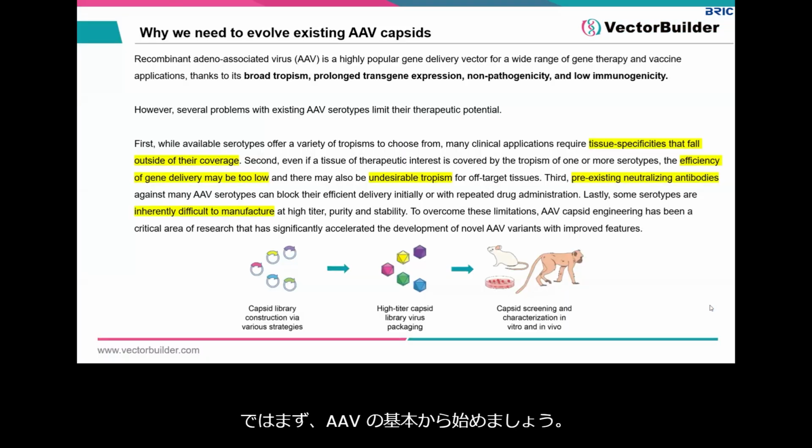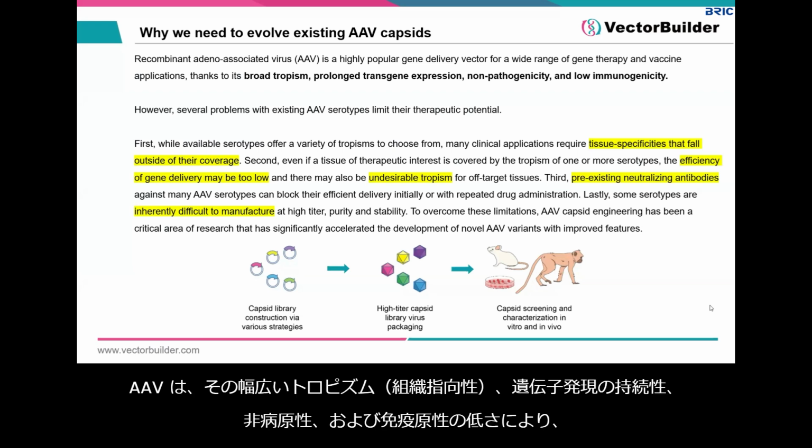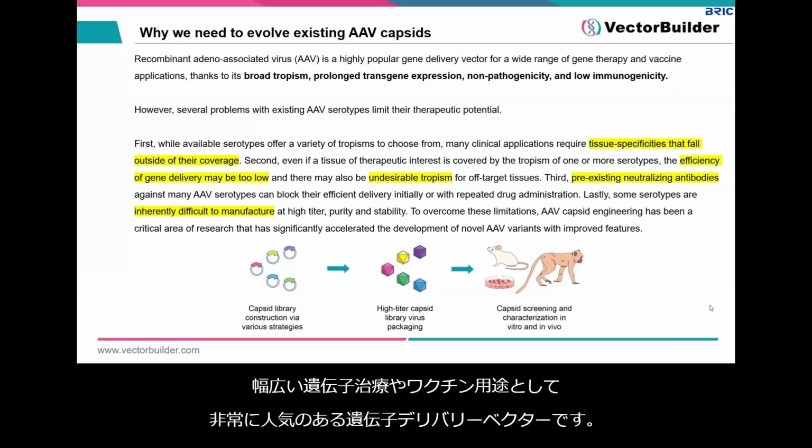So let's review some basics about AAVs. They are very small, non-enveloped viruses, and their single-stranded DNA genome is encased by a protective protein shell called the capsid. Thanks to AAV's broad tropism, prolonged gene expression, non-pathogenicity, and low immunogenicity, recombinant AAV is a highly popular gene delivery vector for a wide range of gene therapy and vaccine applications.